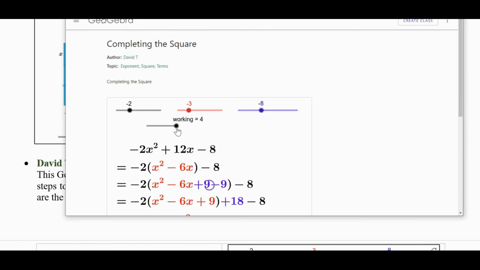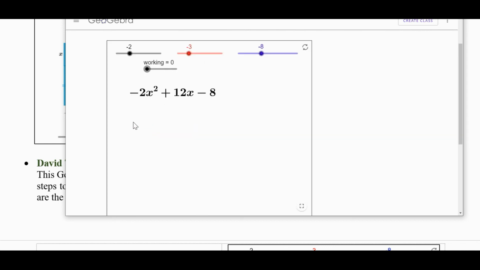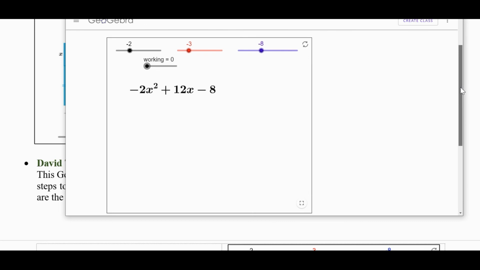Okay, so this one shows, let's load it up. This one shows step by step the algebra that's going on without showing the visual illustration. So we can change the coefficients like this.